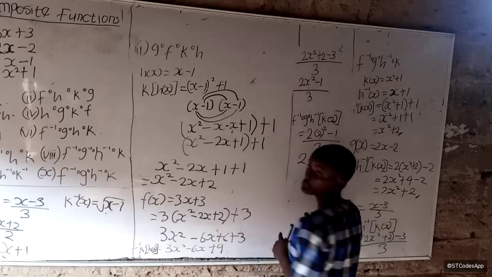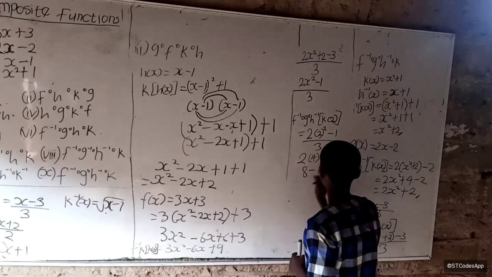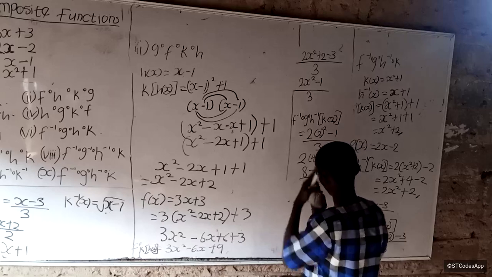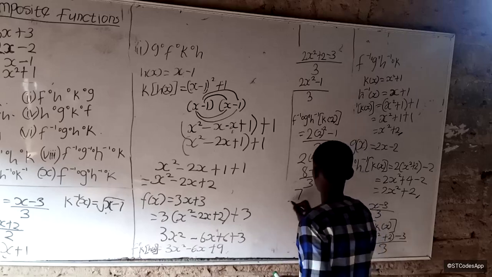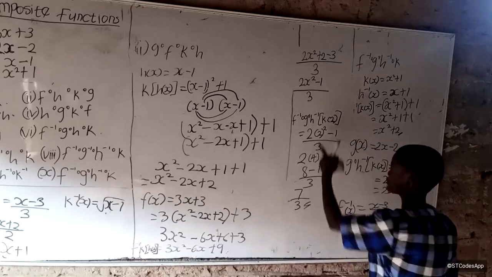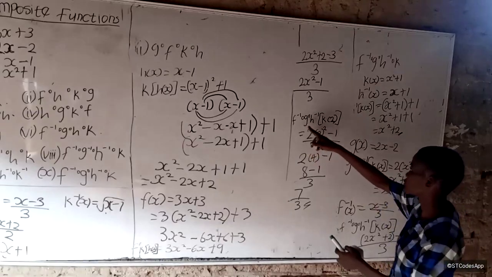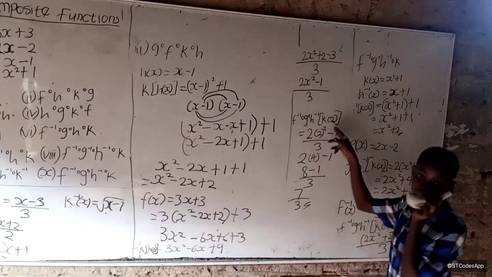So we have 2 into bracket 4 minus 1. That is 8 minus 1 over 3. We have 7 over 3. And this is our final answer for the f inverse of g of h inverse of k of 2.